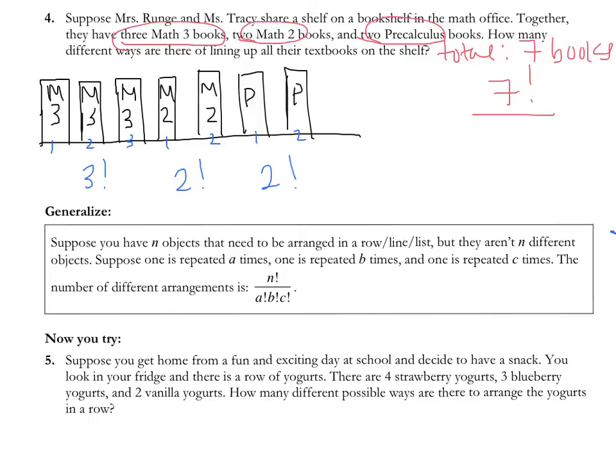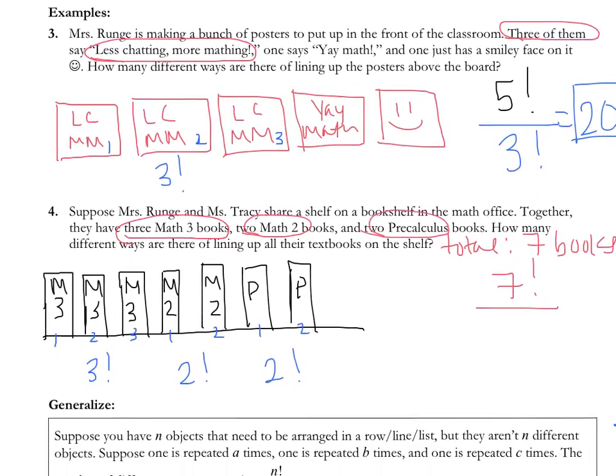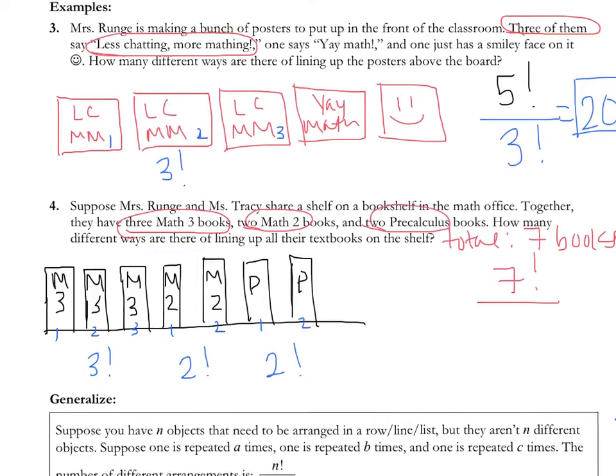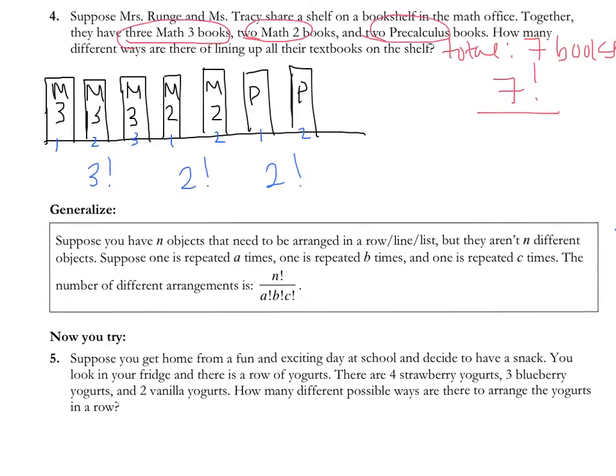And so instead of, in the previous problem, just dividing by 3 factorial because there was a poster being repeated 3 times, what we're going to have to do in this problem is divide by all of those factorials. We're going to have to divide by 3 factorial times 2 factorial times 2 factorial to get rid of all the repetitions, because this calculation will have lots and lots of extra arrangements that we don't want to have.